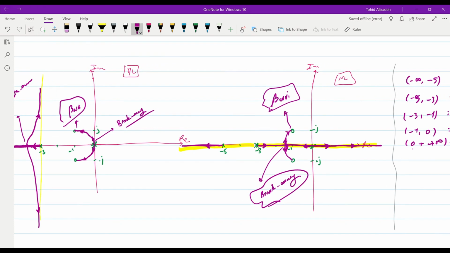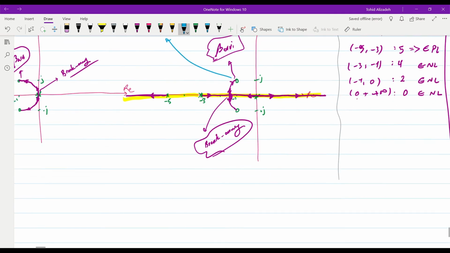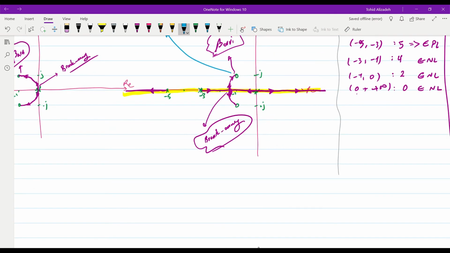Regarding the arrival angle, as I already mentioned, we would need to apply the angle condition in the vicinity of the zero. If you do so, let me draw it again here.